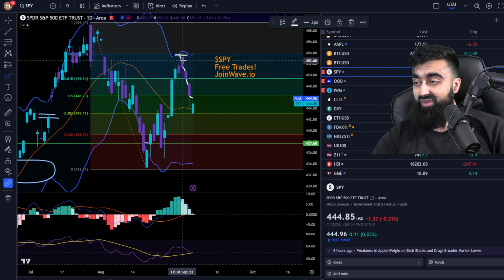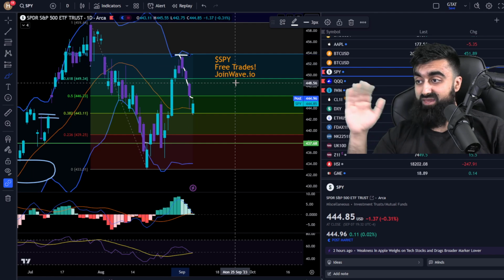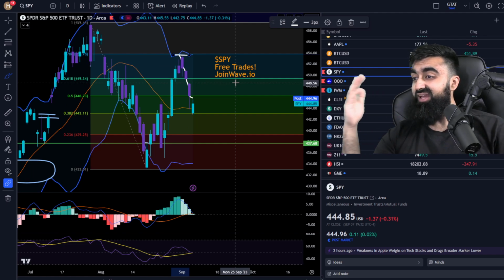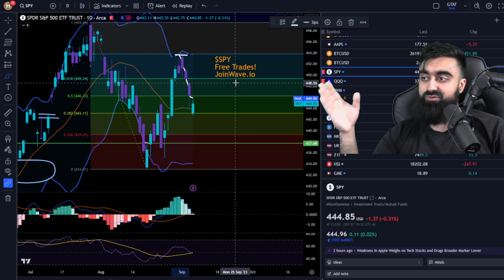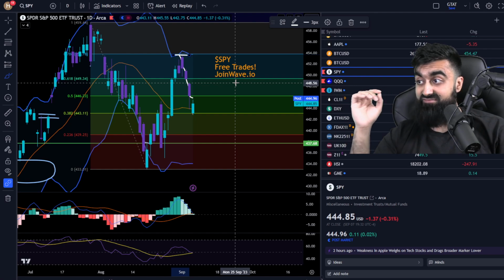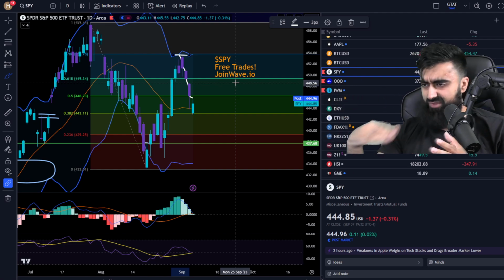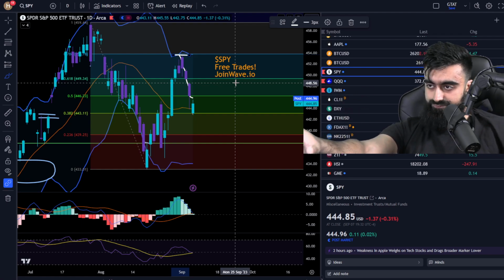Based off of this move, based off of Apple completely dropping, it's not great, but Apple did get a lot of buyers today. A lot of buyers came in on Apple today, on the lows. So it's going to be interesting, and we're going to take a look at that. But right now, immediately, this is not an opportunity to short.